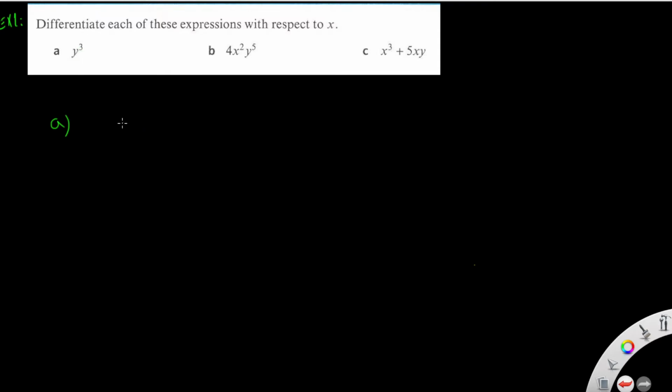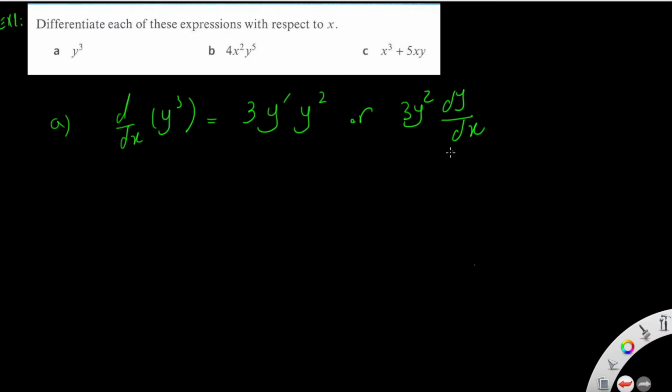So if you want to differentiate y to the power of 3, we know that for the chain rule, power, then differentiation of y, so I write y prime, then y to the power of 1 less, 2, or you can write, for example, 3y squared dy dx. It is another notation can be used.